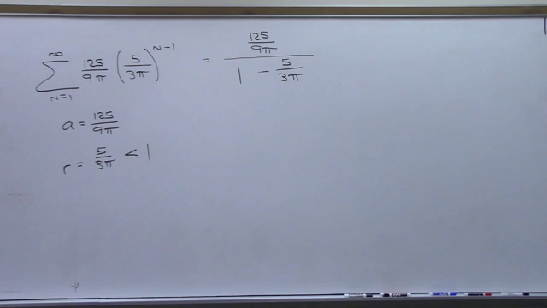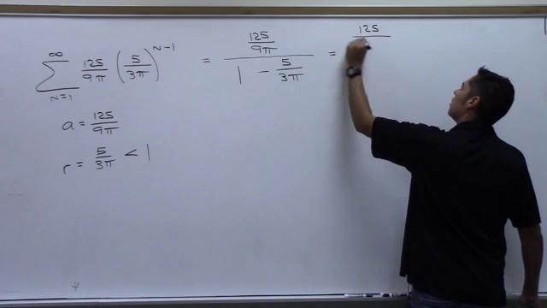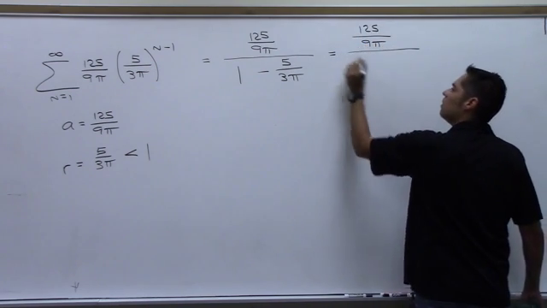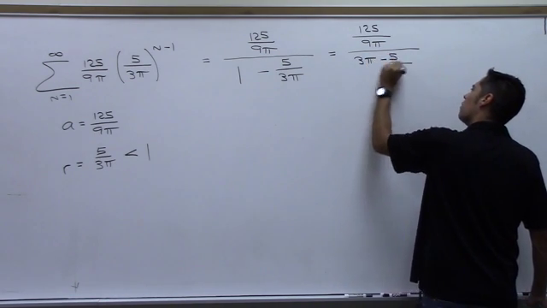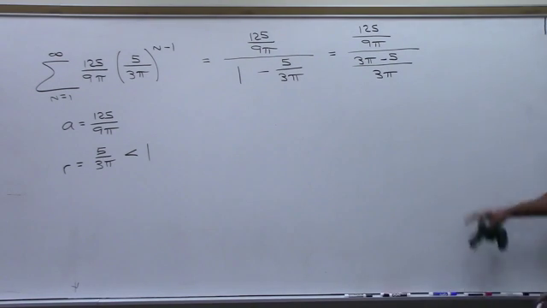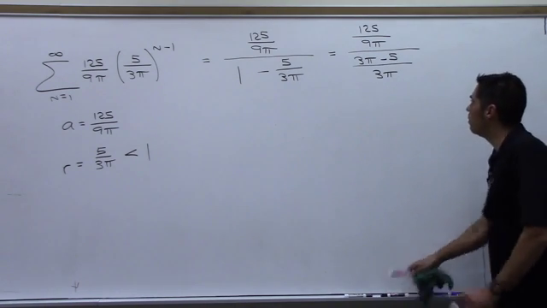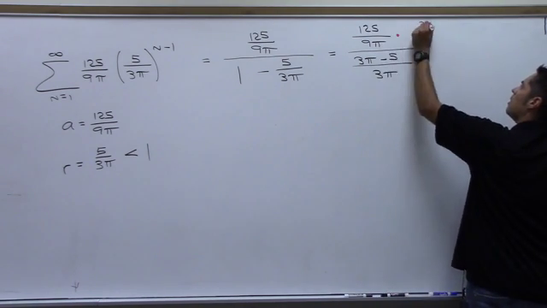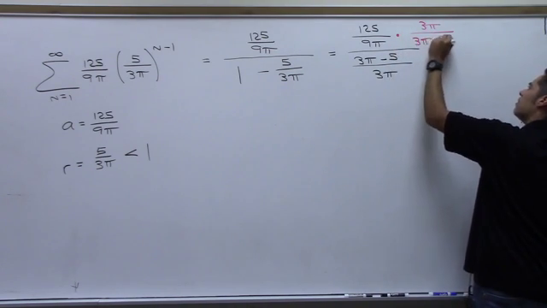A over 1 minus R, which is 125, it's going to be weird looking, over 9 pi over 3 pi minus 5 over 3 pi. So I got a common denominator on the bottom. I'm going to flip, multiply. So this really just turns into 3 pi up here, and then 3 pi minus 5 down here.